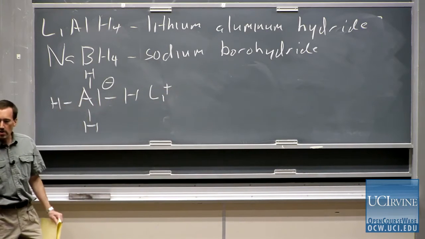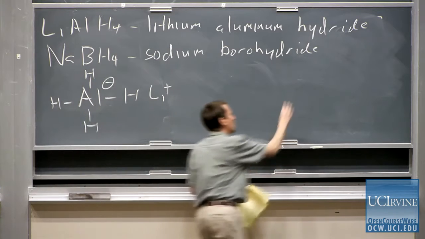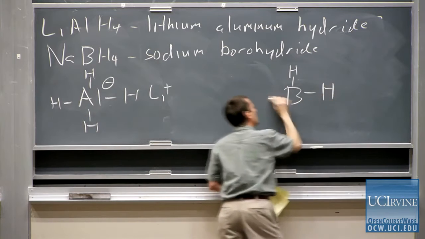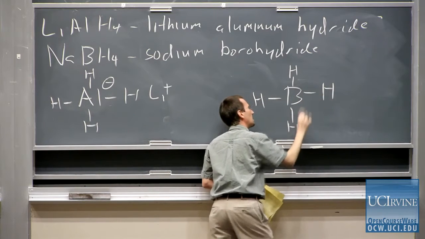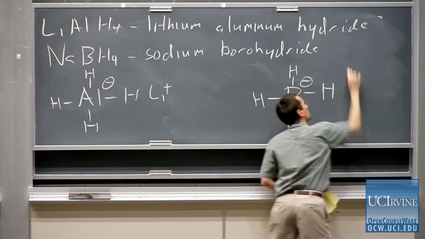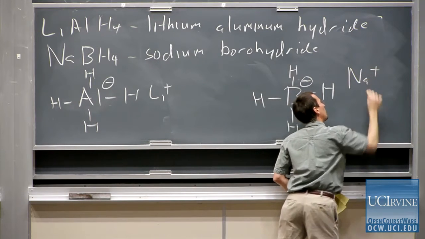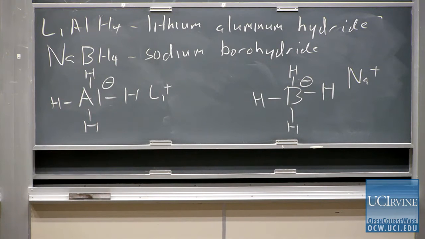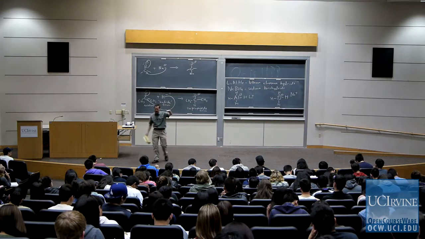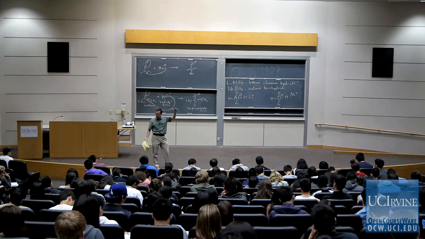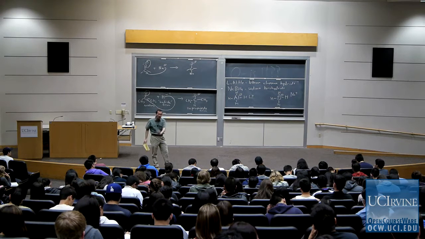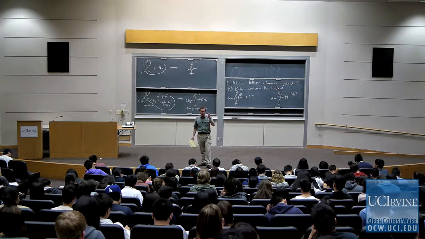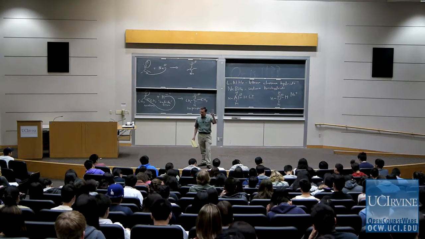The structure of sodium borohydride is a borohydride anion, BH4 minus, like the other is AlH4 minus, and a sodium cation. You'll notice these structures are related. Boron is above aluminum in the periodic table, so in many ways they have similar properties. They differ in that aluminum is more electropositive than boron.